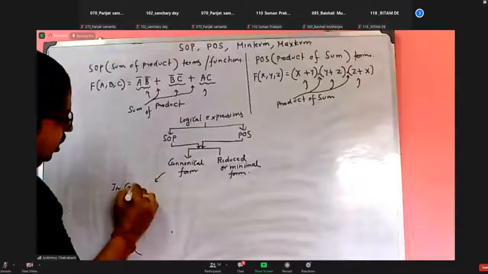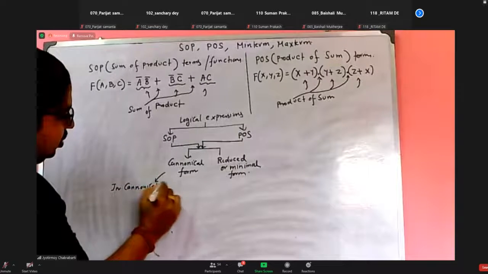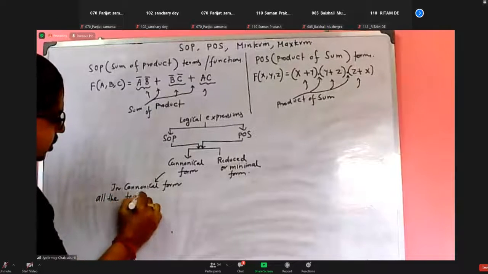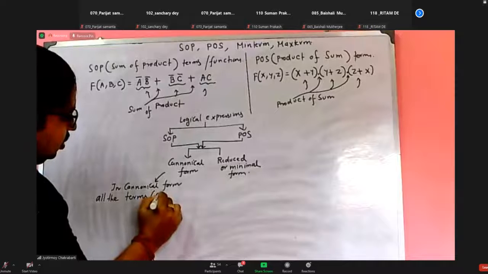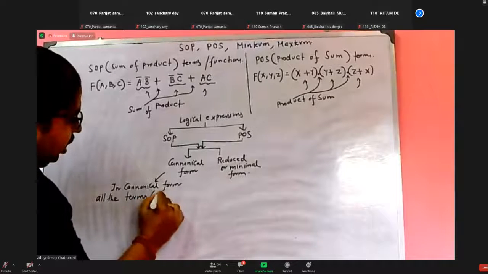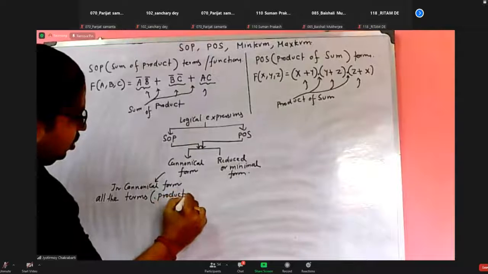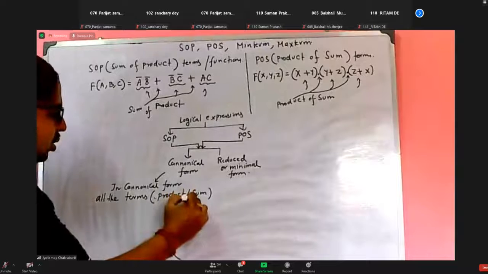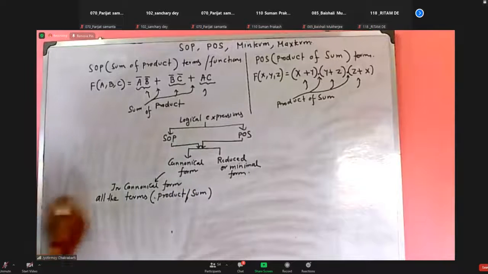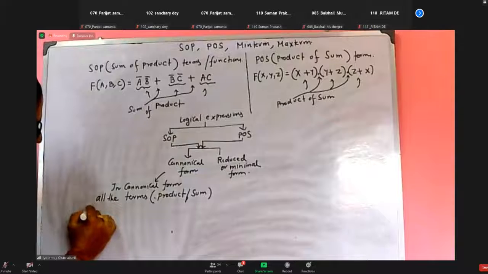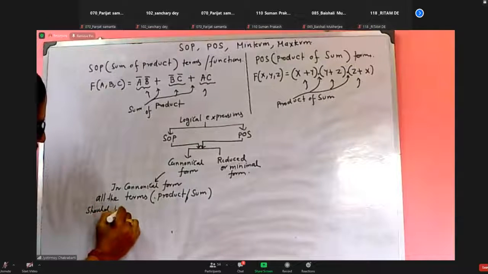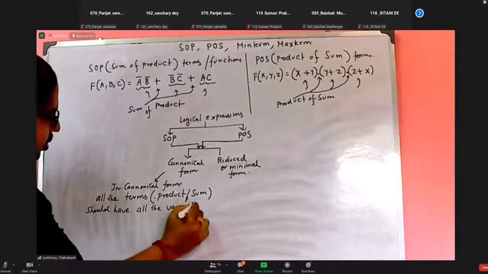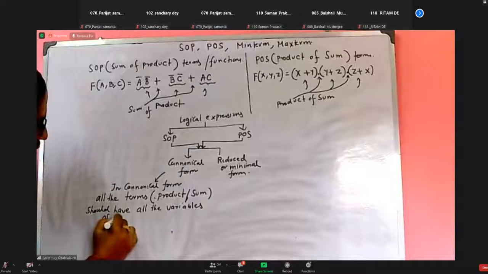In canonical form, all the terms, that is product or sum, should have all the variables of the function.